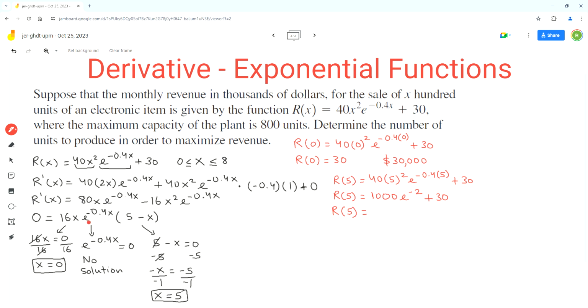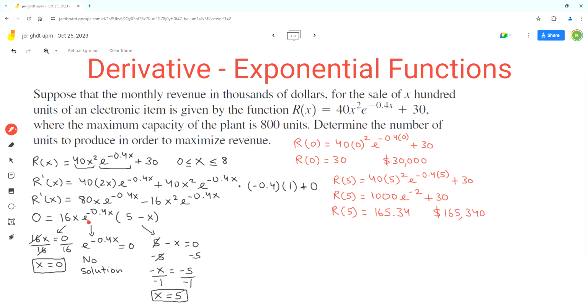Now we can simplify this expression. So 1000 times e^(-2) and then plus 30. So I got 165.34. So I'm rounding the answer to 2 decimal places. So the revenue in dollars will be 165.34 times 1000, and that is $165,340.